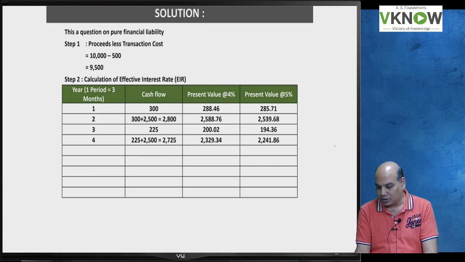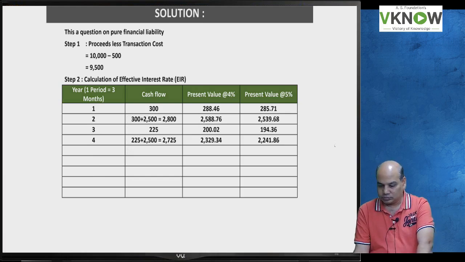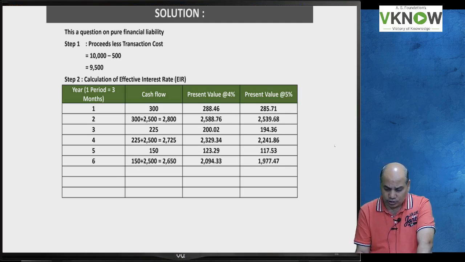Very good. Use the memory plus function so that the totaling will also be done. 123.29. If you use the memory plus function, you can get the total quickly. 2094.33. 57, no problem.